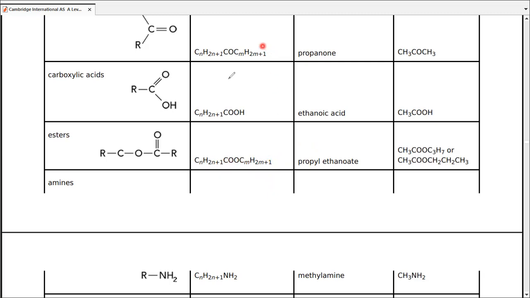Now, this might be shortened down as CO2 in the center, and then CmH2m+1 and CnH2n+1. So it might be shortened down to CO2 instead of COO. Don't get confused by it, it's the same thing.